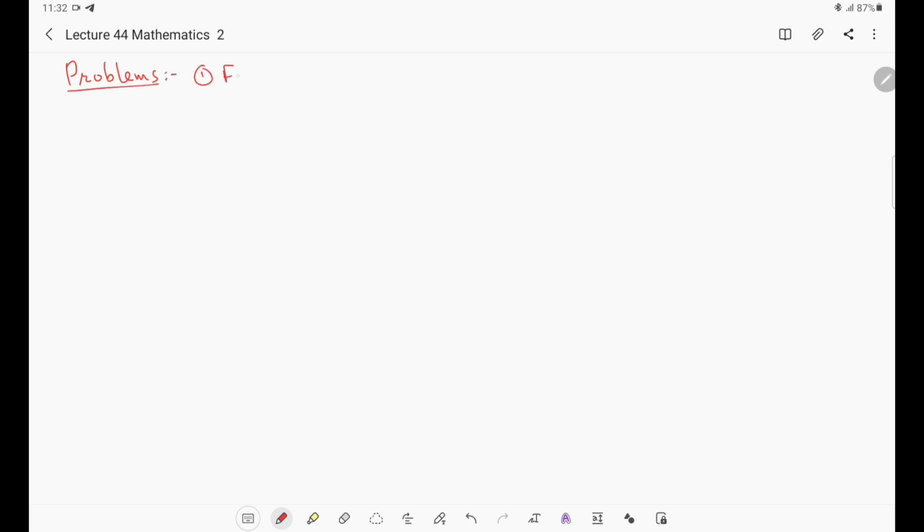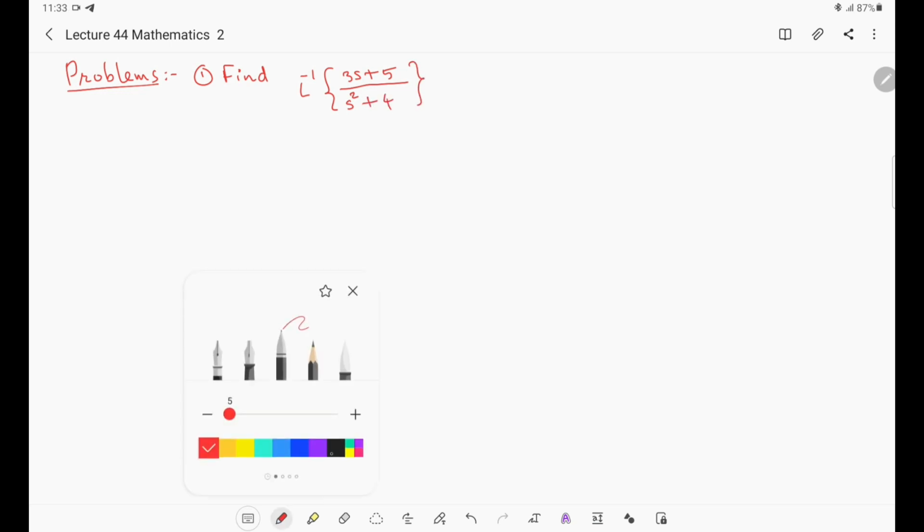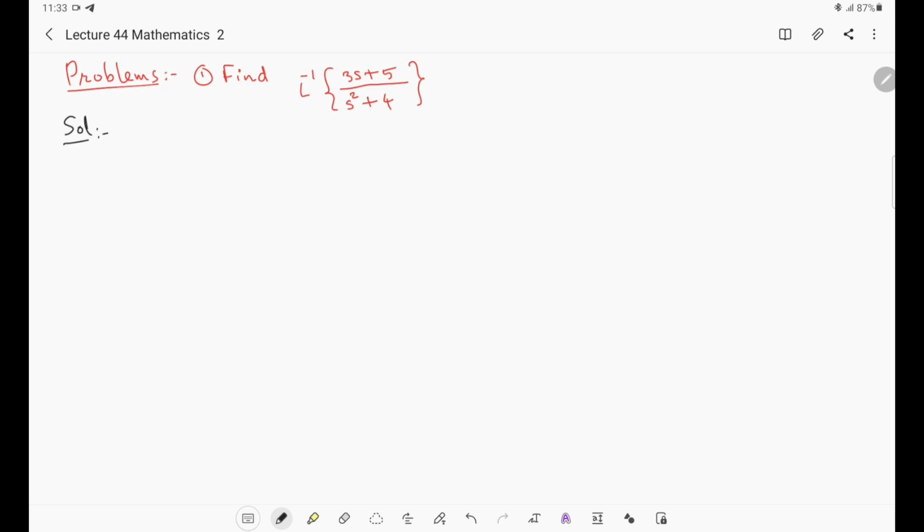First problem is find the inverse Laplace transform of 3s plus 5 by s square plus 4.